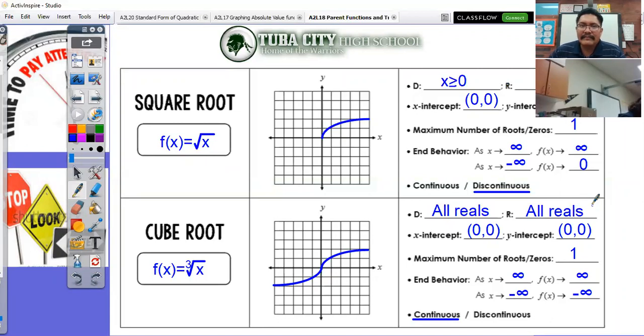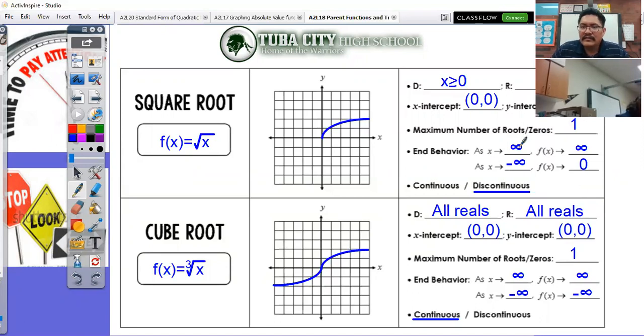And with this shape, if you can imagine just bringing it down a little bit, you can get a 0. So again, you can mess with some of the numbers in the formula and get this line to do things. You can get it to move up, move it down, side to side. You can stretch or compress them. But again, that's probably going to be another lesson for another day. But today we're just sort of filling out this reference chart.